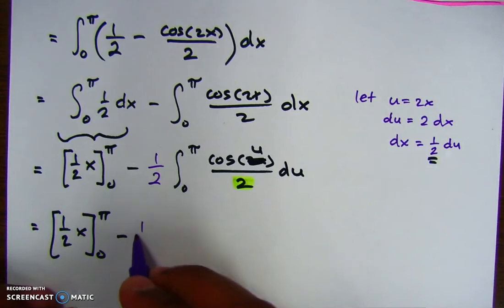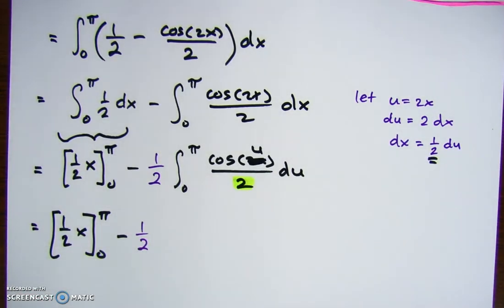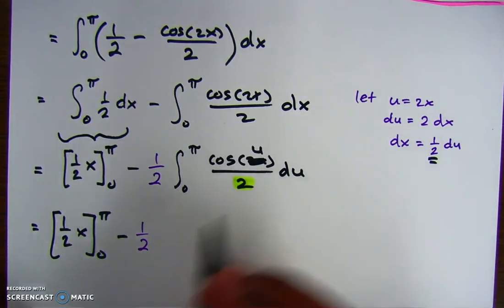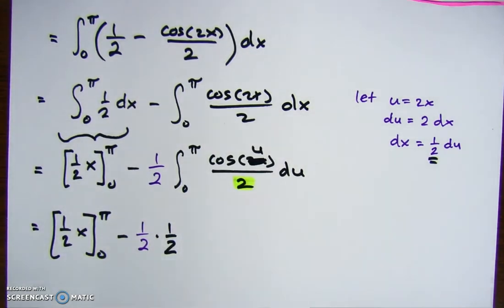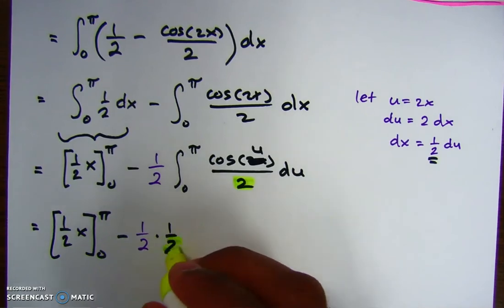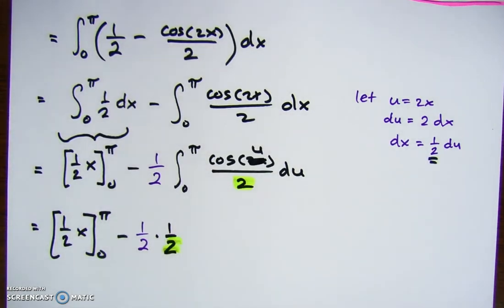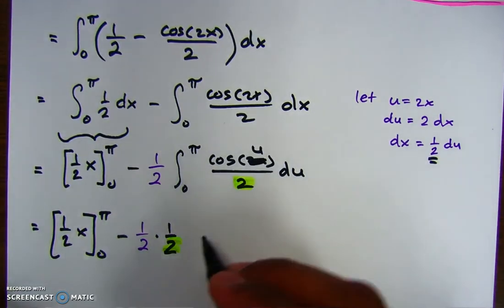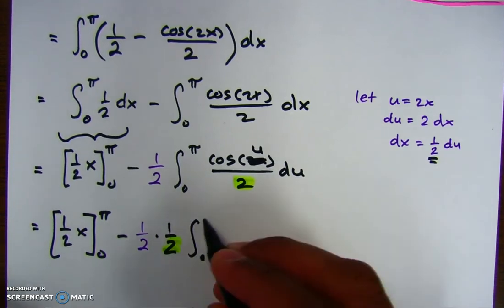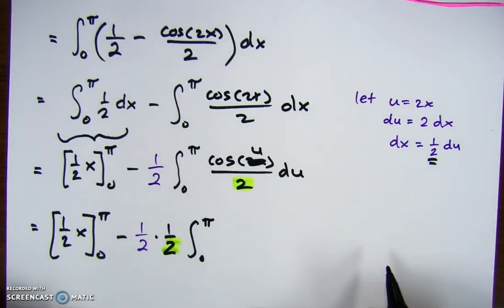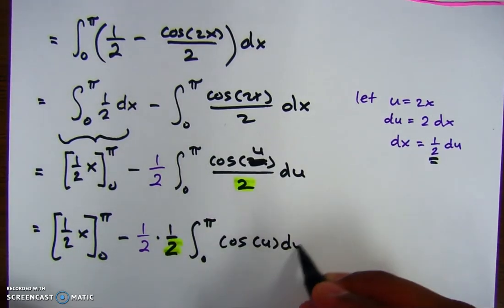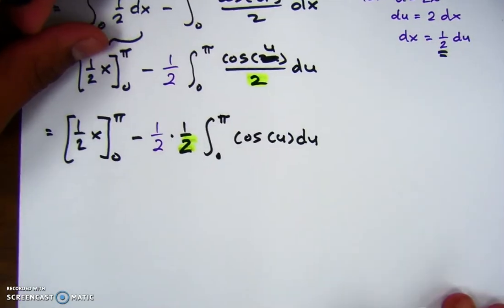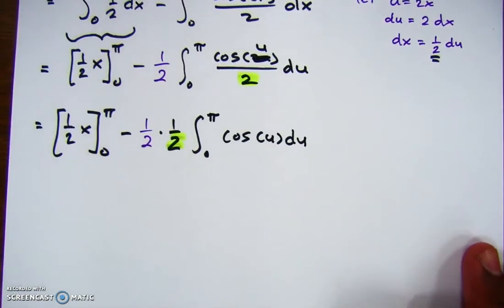So I have my 1/2. This denominator of 2 can come out as a 1/2. It just has to be multiplied with that 1/2 that's already out there. And I am integrating now from 0 to pi cosine of u, which is not bad at all.